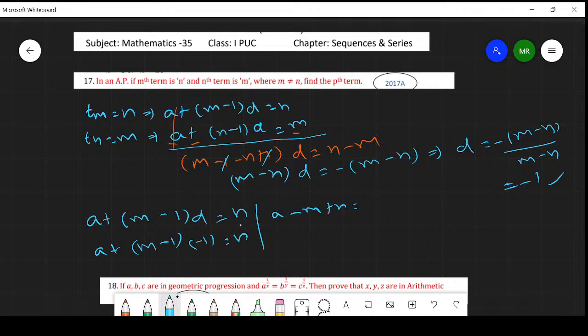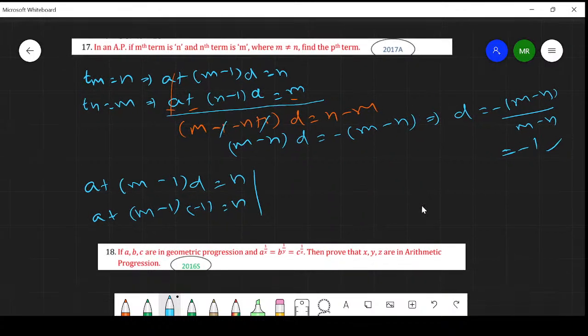Substituting d equal to minus 1, we get a minus m plus 1 is equal to n, and simplifying, a minus m plus 1 is equal to n. I want only a, so transferring to the other side, we get a is equal to n plus m minus 1.